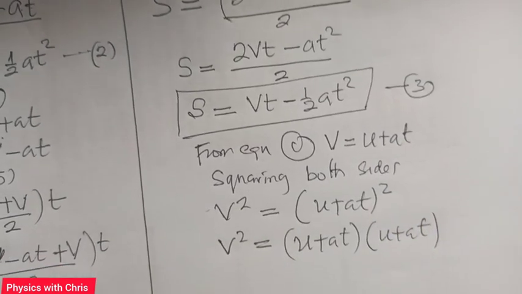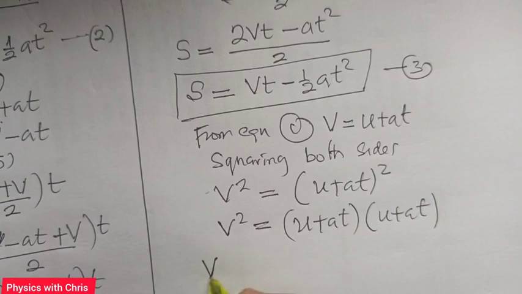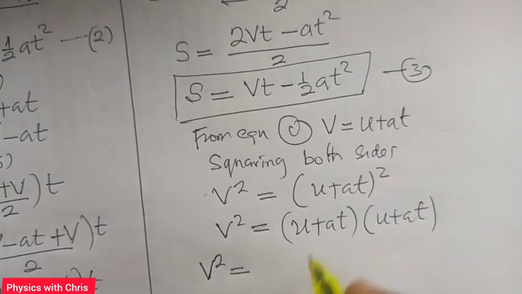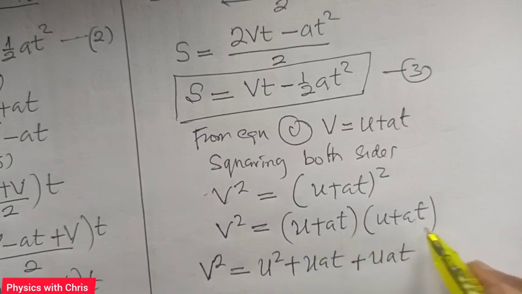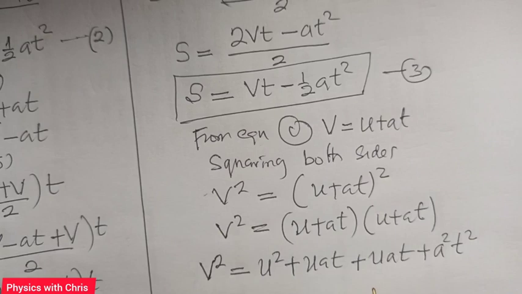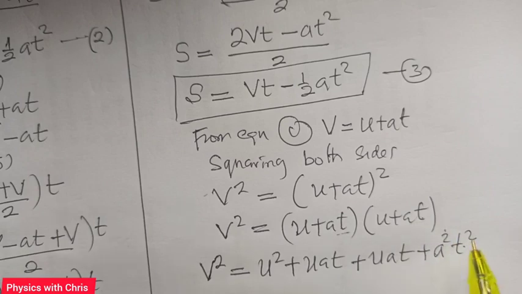So when I expand this bracket, I have v squared equal to u times u, that gives me u squared, plus u times at, that is uat, plus at times u gives me uat, then at times at gives me a squared t squared.